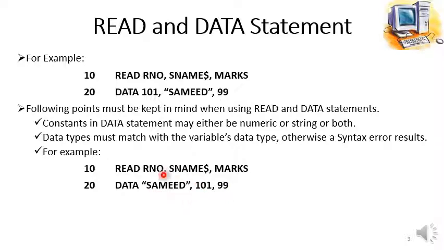So it will show a syntax error because the type of the variables is not matching with the type of the constants provided in the data statement. When we run these two lines of code, it will give us the message syntax error in 20, because in line number 20 we are not following the order of the variables given in the read statement.